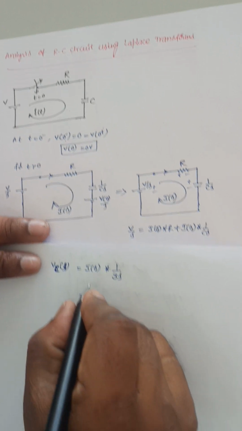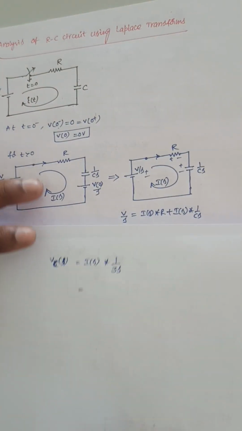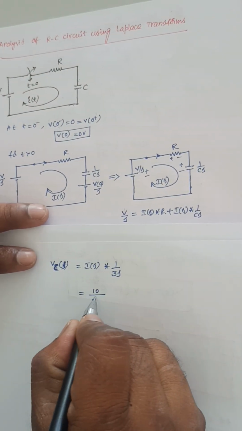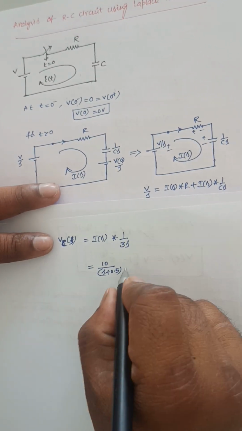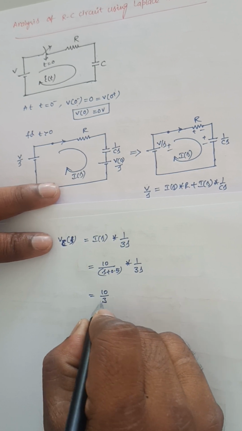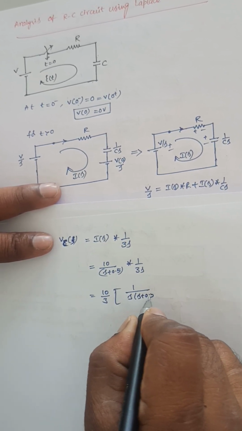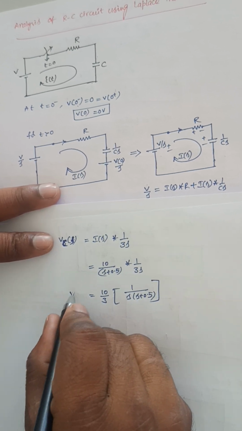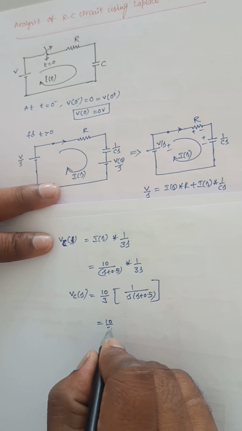Now this I of s, just now we found as 10 divided by s plus 0.5, into 1 by 3s. So it is 10 divided by 3 into 1 divided by s into s plus 0.5. Whenever this type of expression is there, I need to apply partial fractions here.